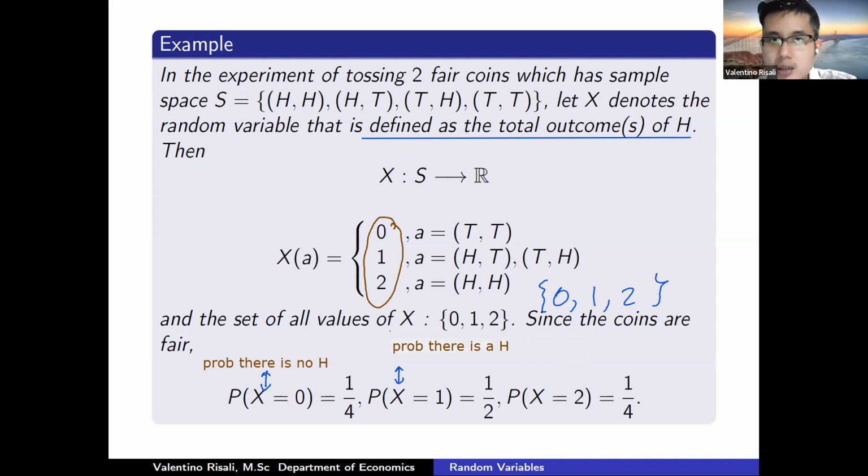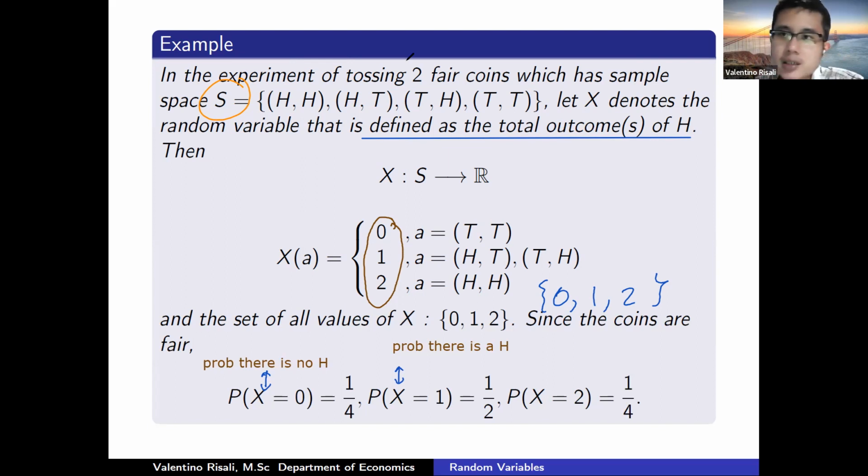And as I mentioned before, we quantify all the outcomes to a real number, since the sample space is not a number, right? But after we define a random variable, we get some numbers, and then we can do another analysis.